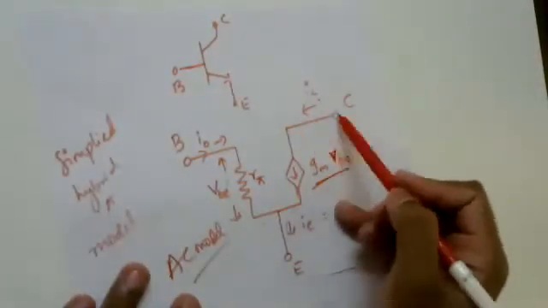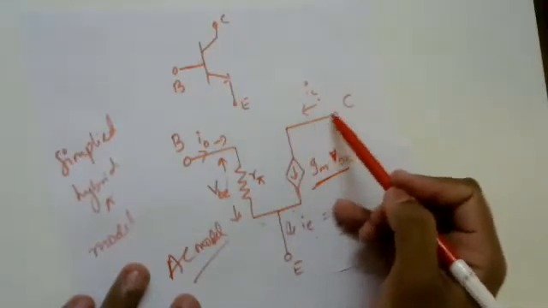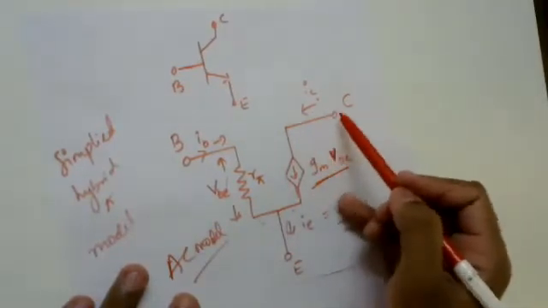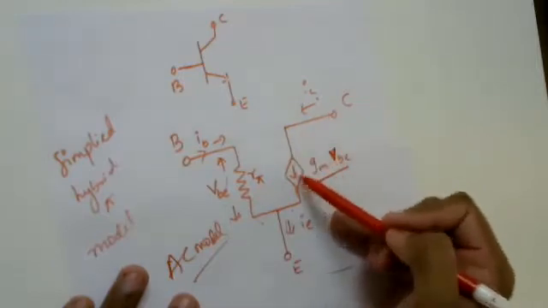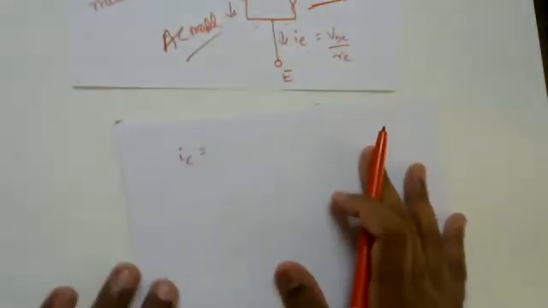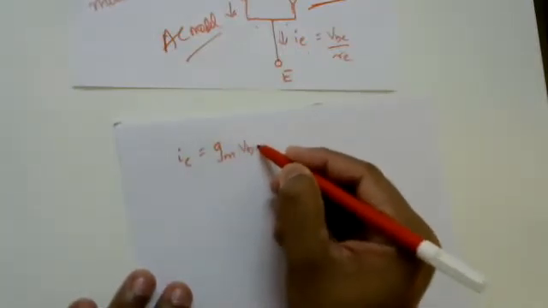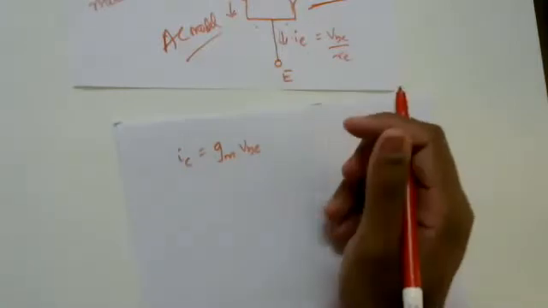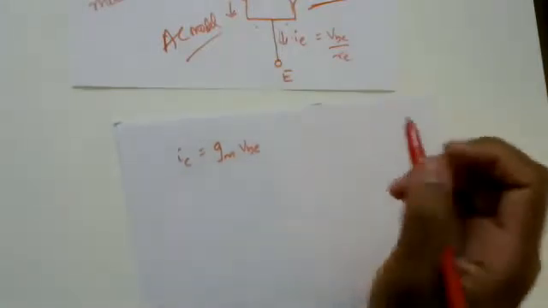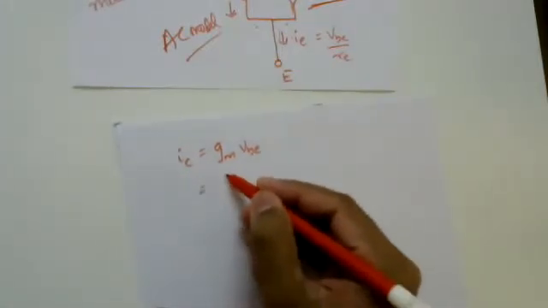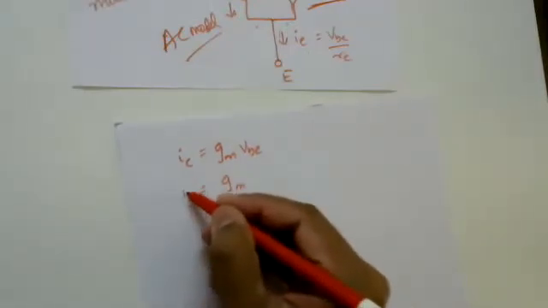This is my IC, the current flowing through the collector terminal. IC is defined as gm into VBE. Then I know that I write this gm as this.